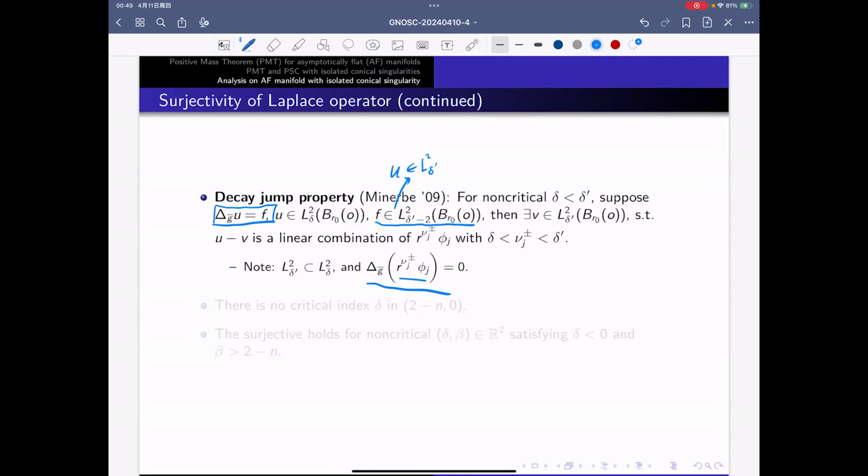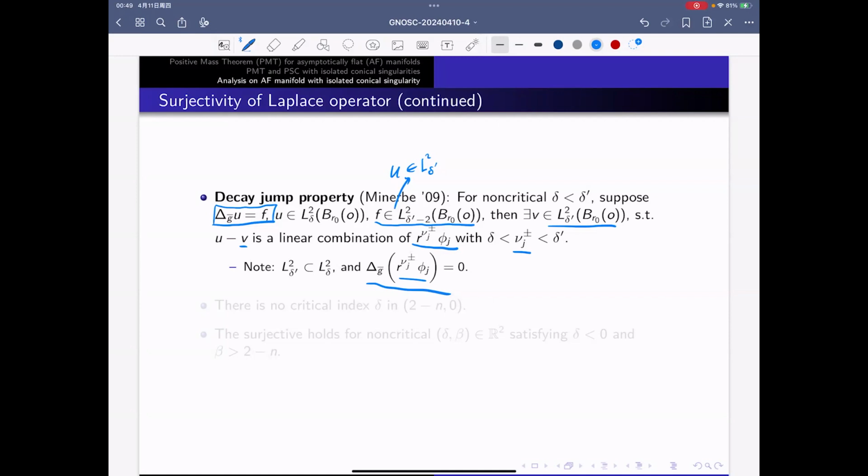So then we can see the solution u will be some function in L2 delta prime, that is what we expected, what we want, and also plus some functions like this, right? But this has exponent between delta and delta prime, right?